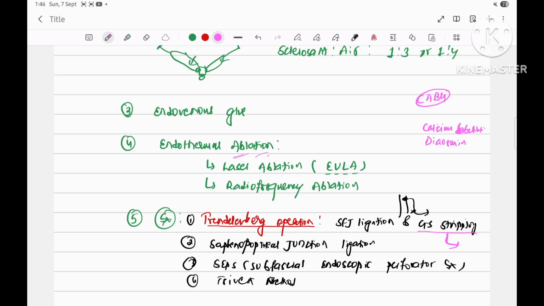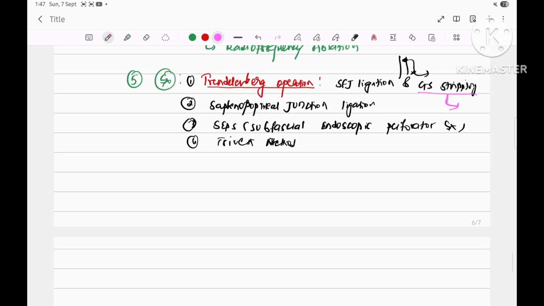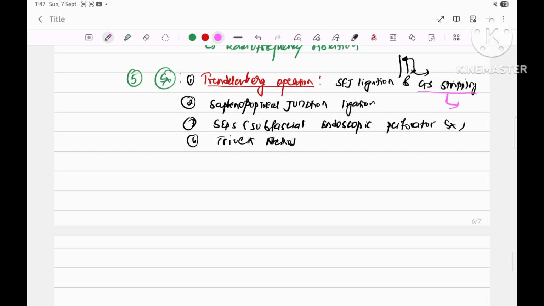And an external examiner asked one last question: why is varicose vein more common in humans than in monkeys or other animals? This was a very tricky question for me, but the actual answer is that animals usually use two hands and two legs for locomotion.